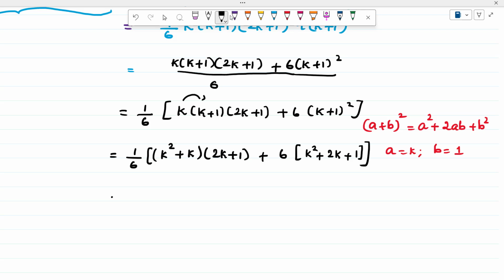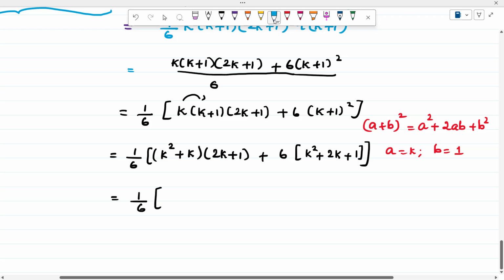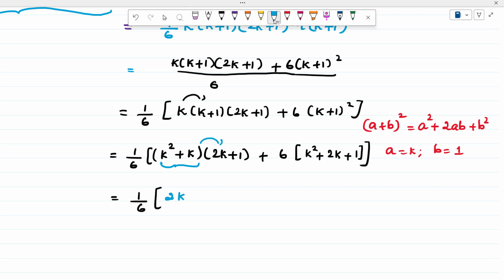Which is equal to 1 by 6 into, next you have to multiply the first term with the second term. Multiply this k square plus k with the second term. Therefore k square into 2k, 2 into k square into k, the value is 2k cube. Plus again you have to multiply k square with 1, therefore k square.